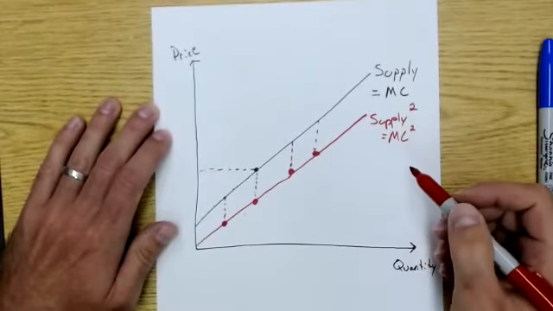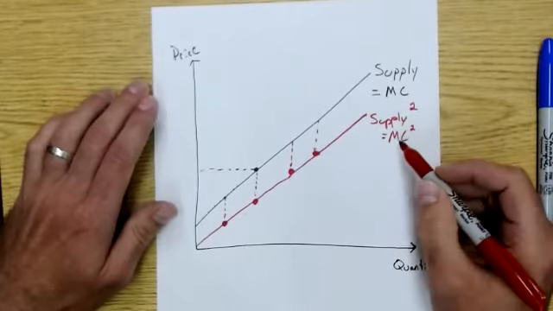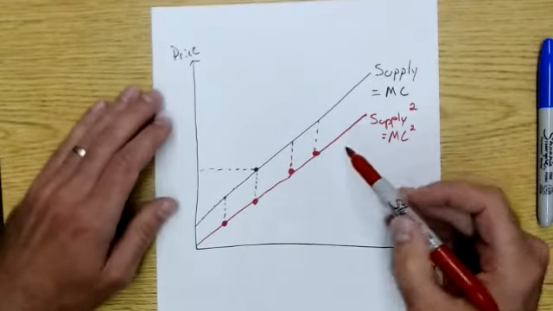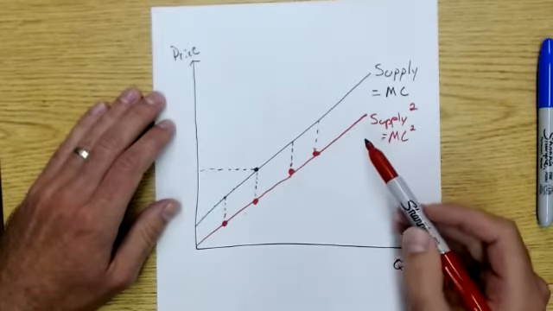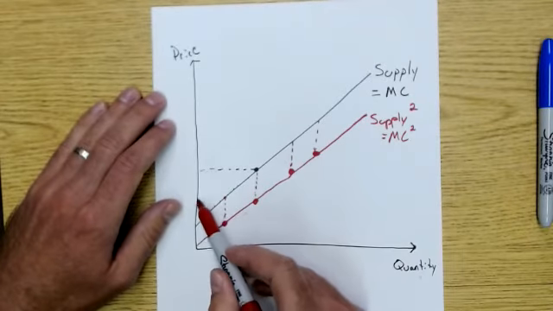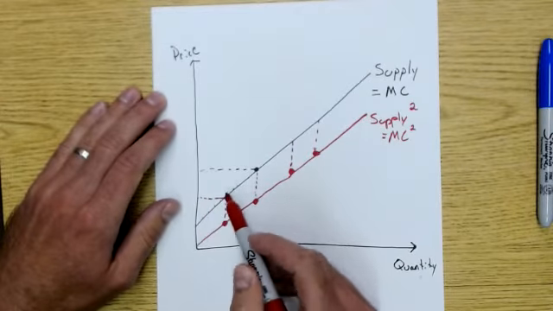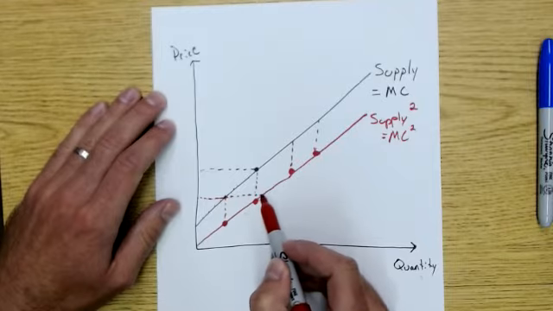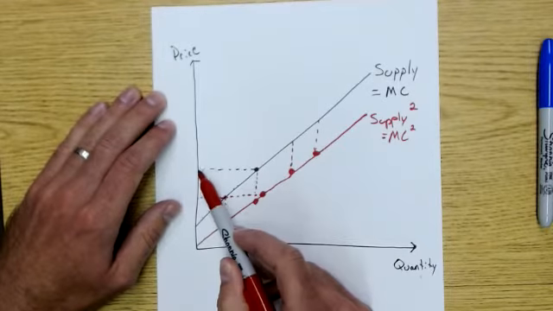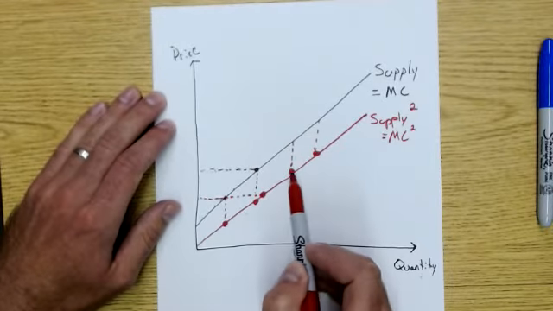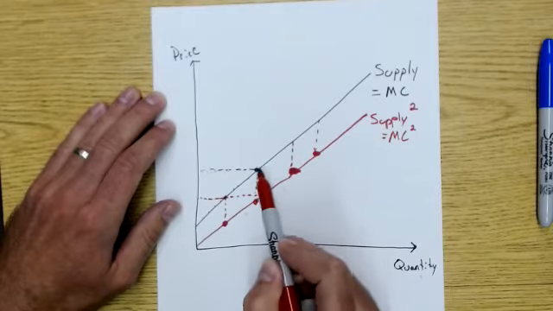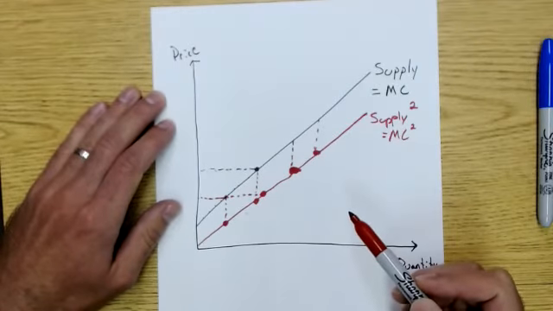My marginal costs have decreased. If my marginal costs decrease, I'm now willing to supply more to the market at any given price. That's another way of thinking about this. At any given price, I'm now willing to supply a higher quantity to the market.